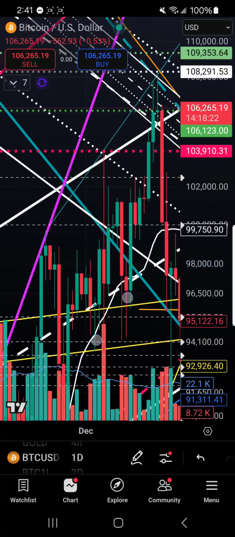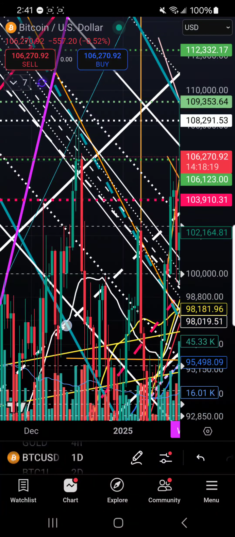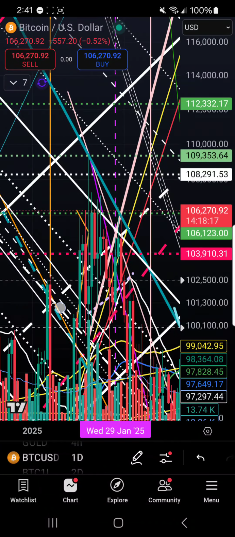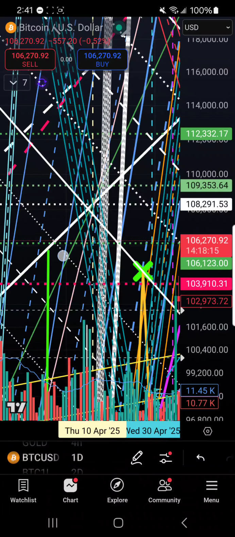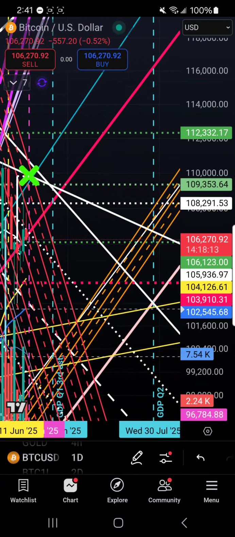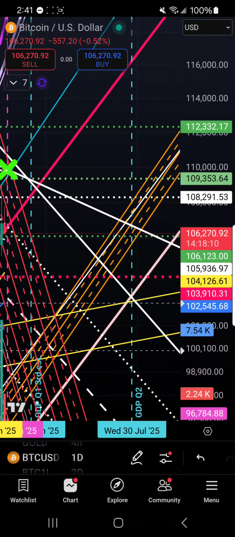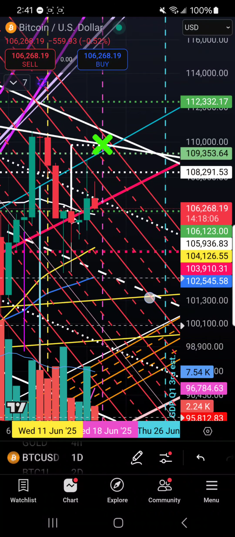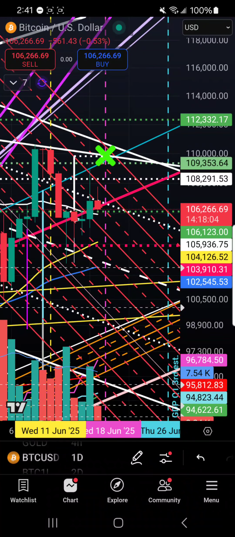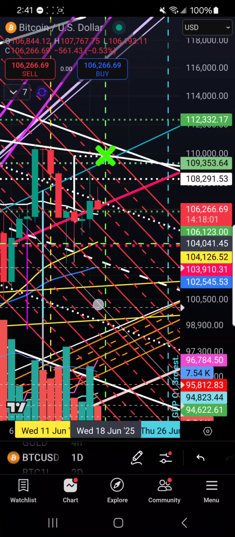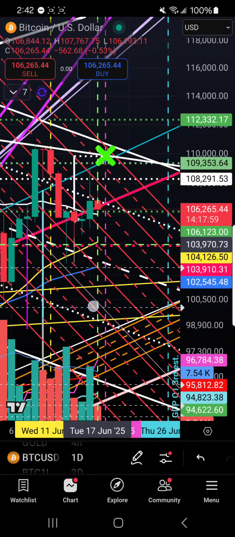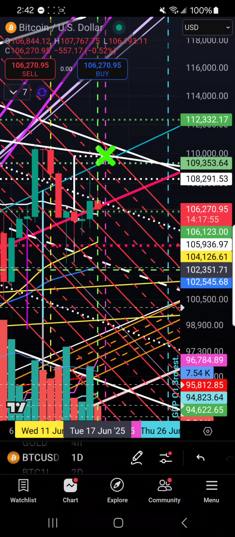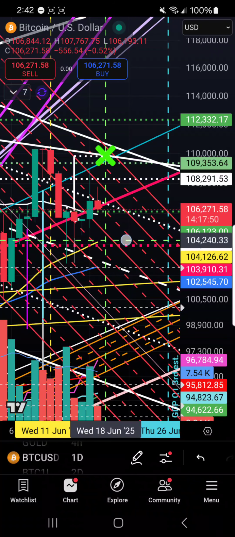So that would make sense as a significant support level, which has been here since then. And that's also around the same area as the 50-day moving average. It's 104,126. The 50-day moving average is.